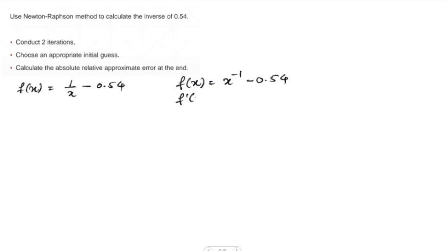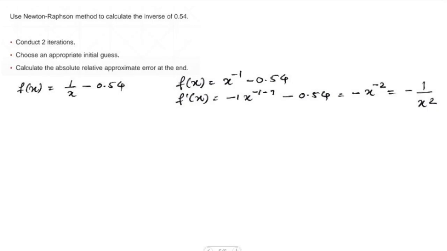Taking the first derivative, you have minus 1 from the power times x to the power minus 1 minus 1, and the constant minus 0.54 becomes 0. So this is equal to minus x to the power minus 2, which can be written as minus 1 over x squared. That's the first derivative of the function.